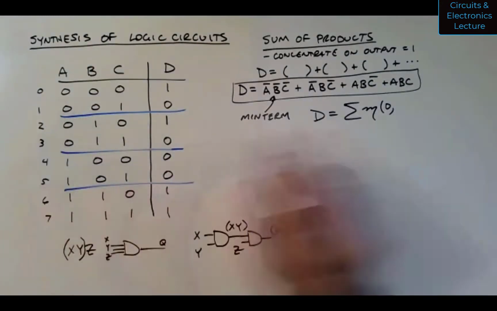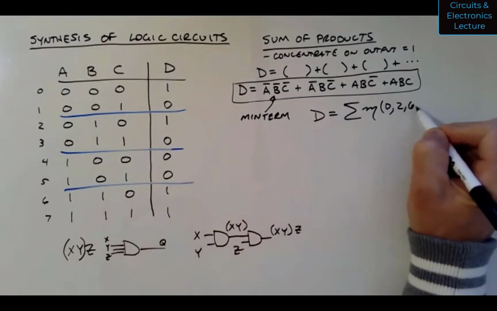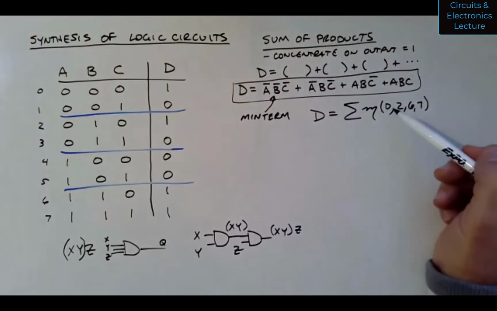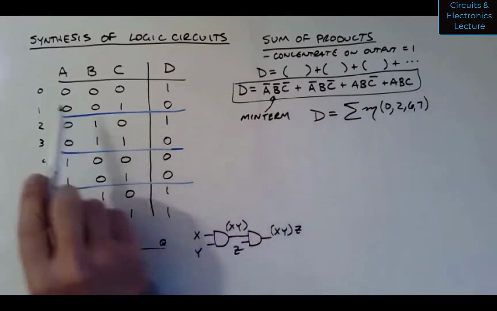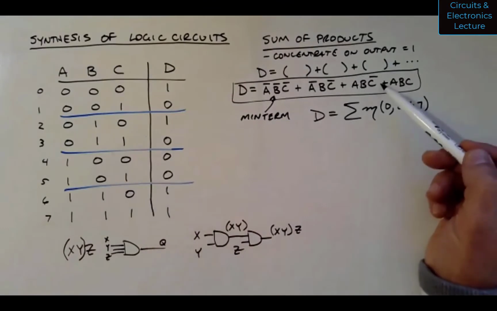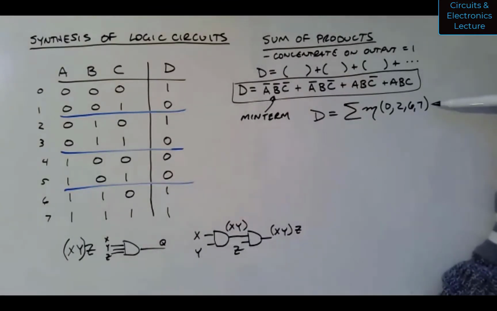So 0, 2, 6, and 7. So this is just another way, if you already know how your inputs are ordered, to express this equation. I will generally explicitly write out the variables. Your book solutions are going to show something like this.